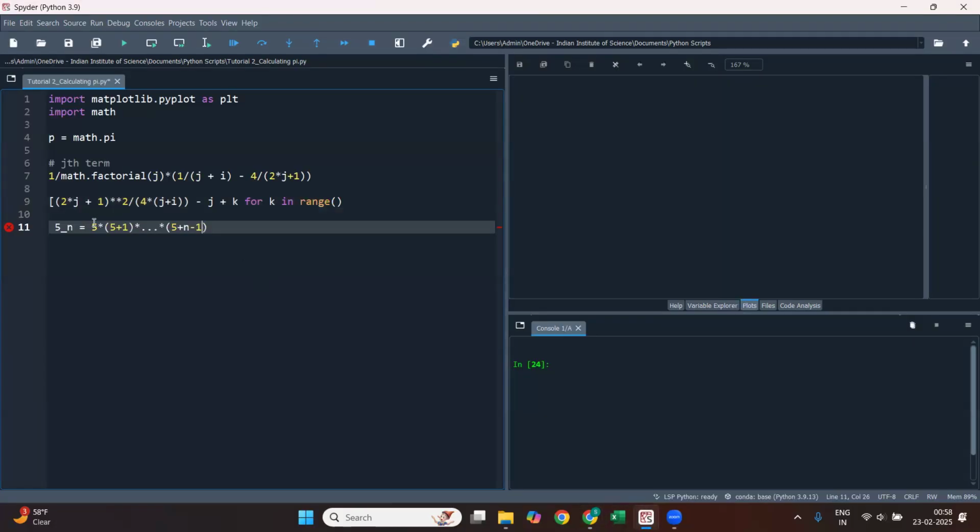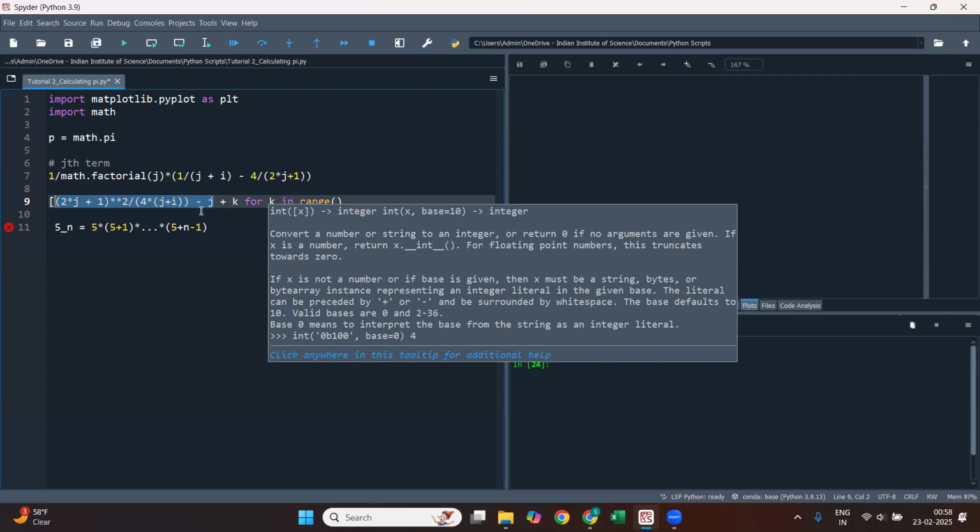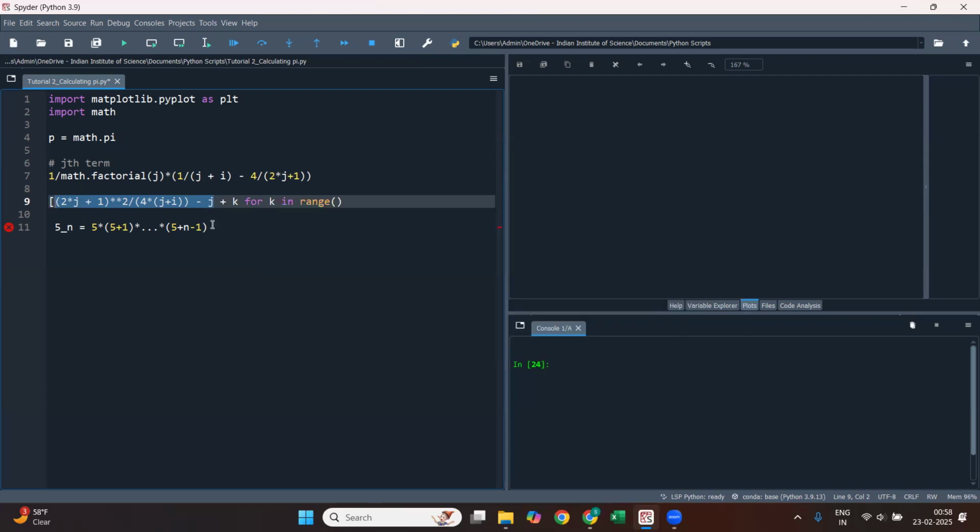So this will go as whatever is this bracket over here, times this bracket plus 1 times this bracket plus 2 till this bracket plus j minus 2, because there was n minus 1 in the subscript.